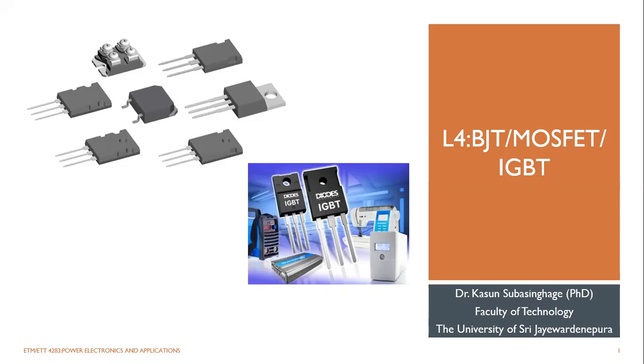BJTs, MOSFETs, and IGBTs come in various packages, as you can see here, different packages for different power levels. They are used in many applications like inverters, power converters, UPS, and motor control systems.